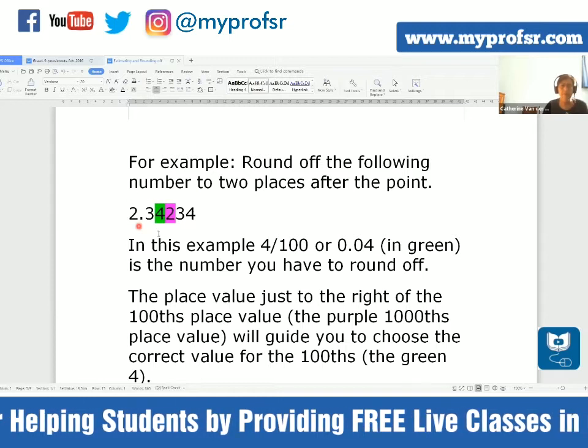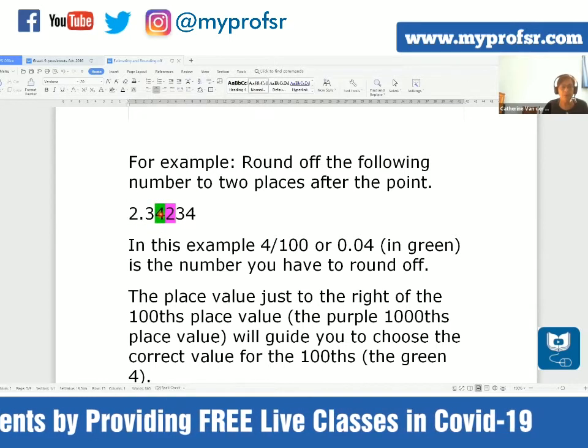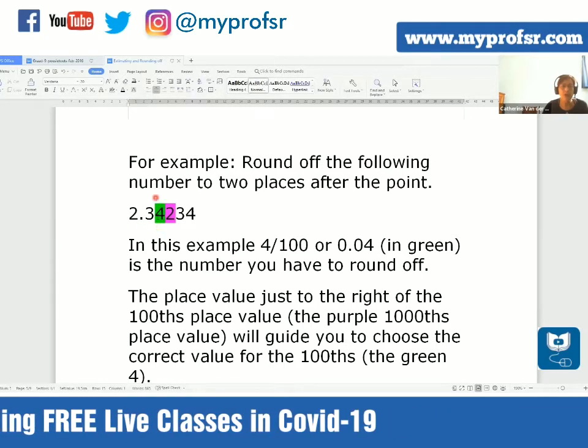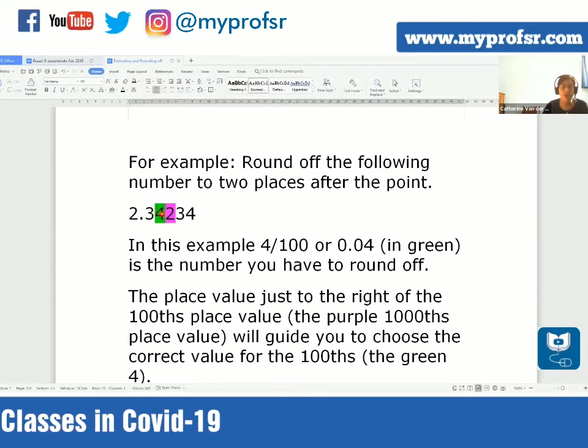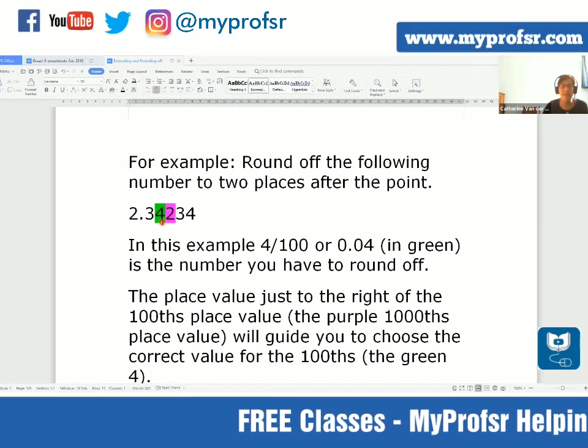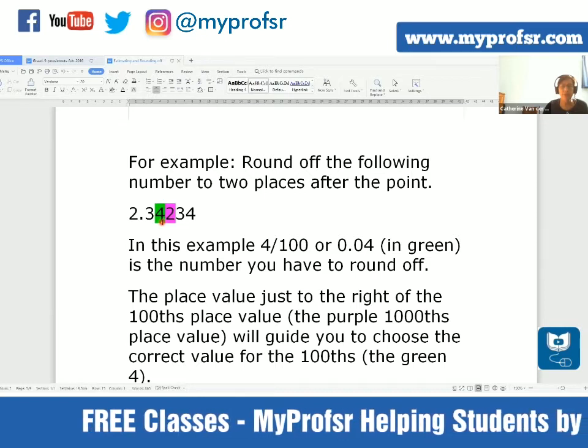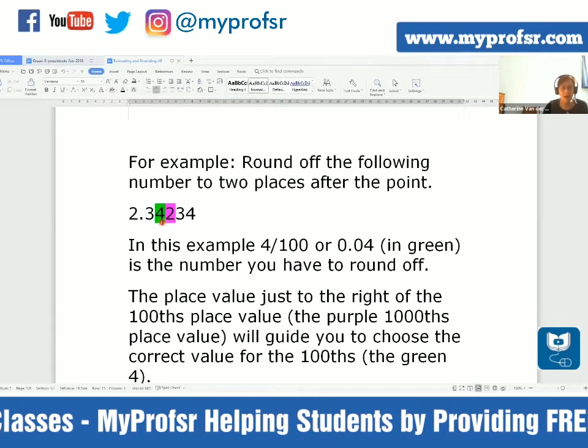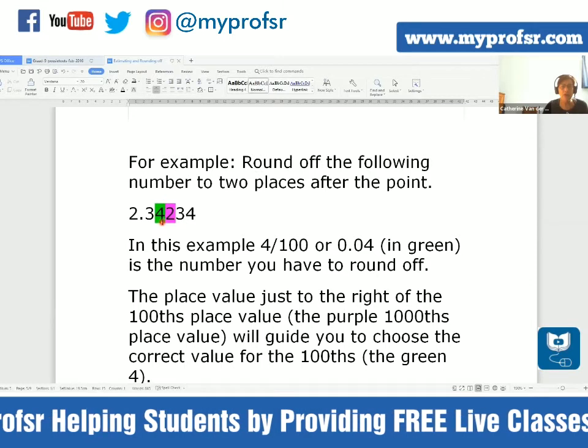Back to here. So we have to round off to the green digit, which is 2 places after the decimal point, and that is 0.04. How are we going to do this?